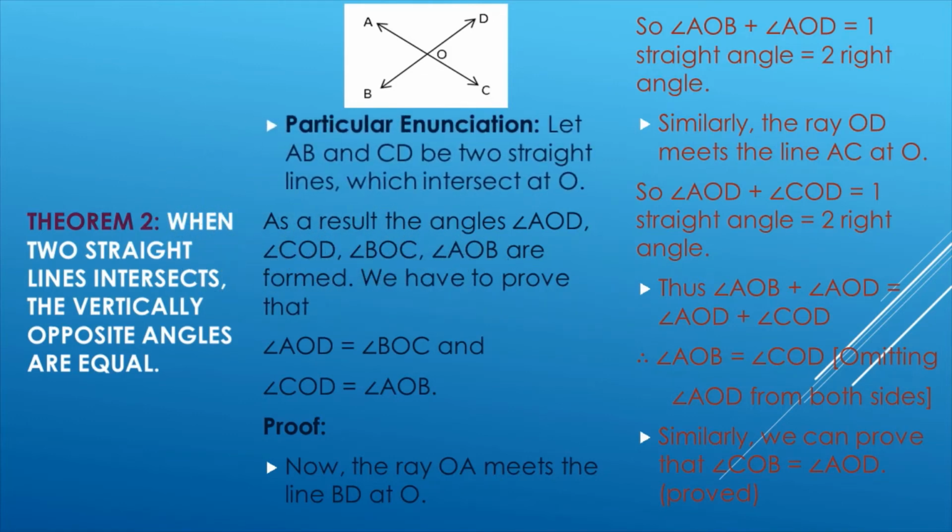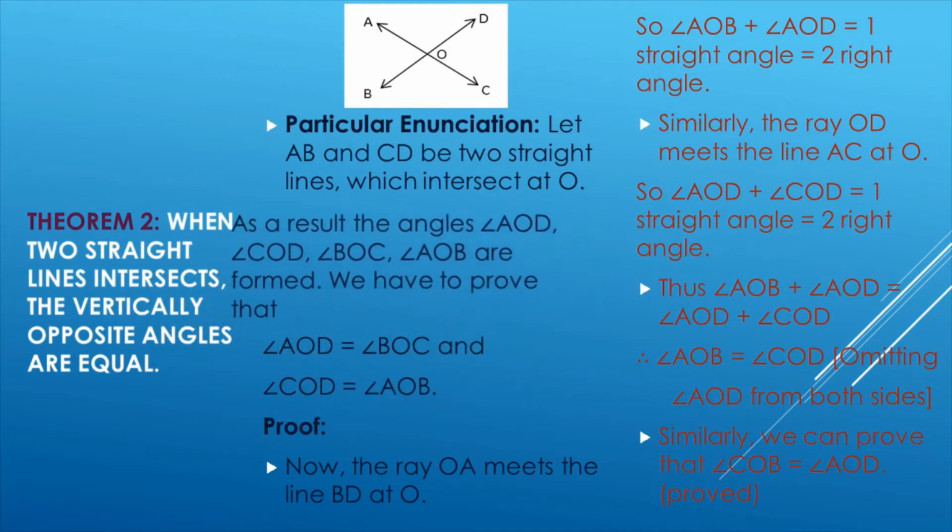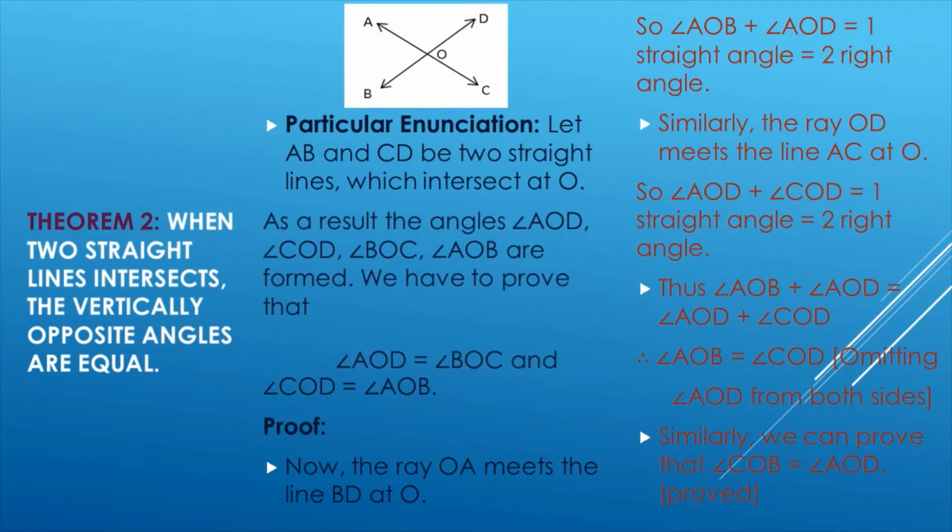So the particular enunciation: AB and CD are two straight lines which intersect at point O. As a result, four angles have been created, and we have to prove that angle AOD equals angle BOC, that is, they are vertically opposite angles, and angle COD and angle AOB are vertically opposite angles.